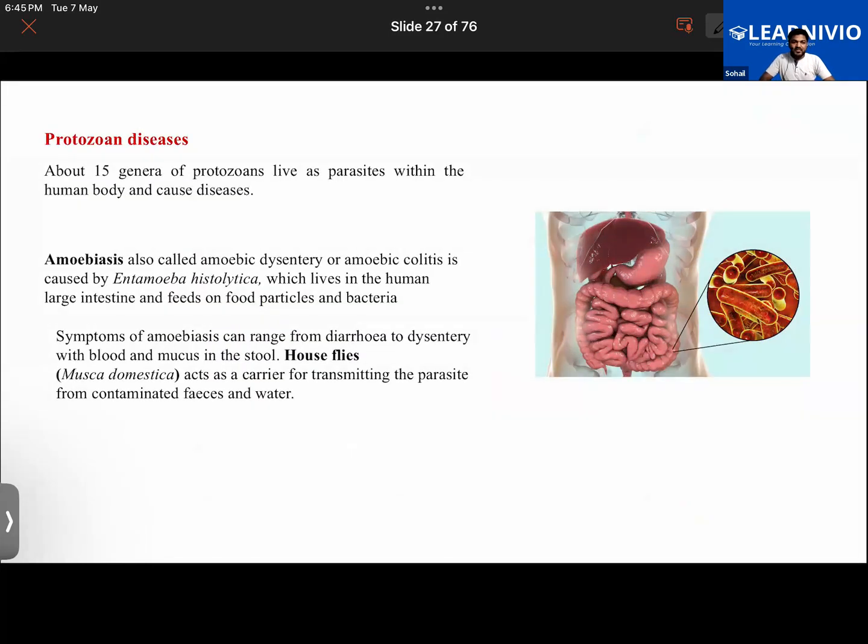Then let's understand about this thing. What are the diseases that are caused by protozoa? About 15 genera of protozoans live as parasites within the human body and cause diseases. Forget about this term genera.